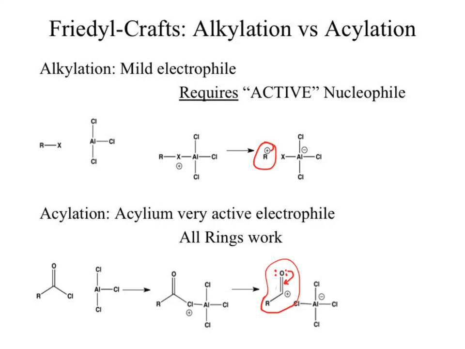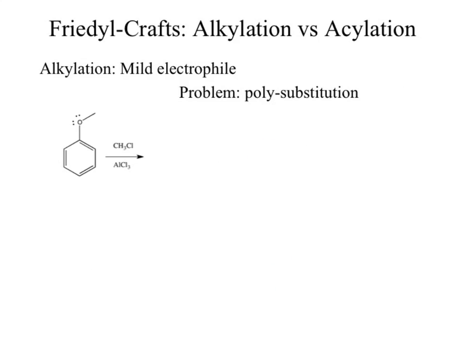If that wasn't bad enough of a death knell for our alkylation, we have another issue. So let's do our alkylation problem again, except this time, we're going to use an activated substrate. How do we know this substrate is activated? What is atom X? What's our nucleophilic atom X? The oxygen. Does it have more electrons or less electrons than hydrogen? More electrons.